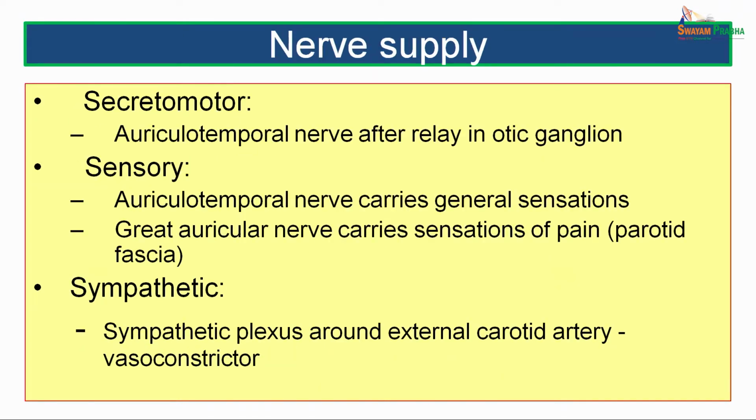We move on to study the nerve supply of the parotid gland. Parotid gland has secretomotor, sensory and sympathetic nerve supply. The secretomotor nerve supply reaches the parotid gland via the auriculotemporal nerve after relay in the otic ganglion. The sensory nerve supply is done by the auriculotemporal nerve and the great auricular nerve.